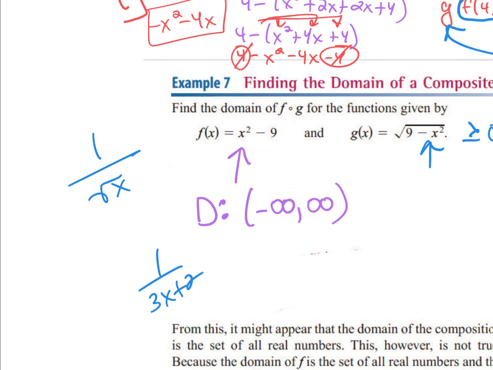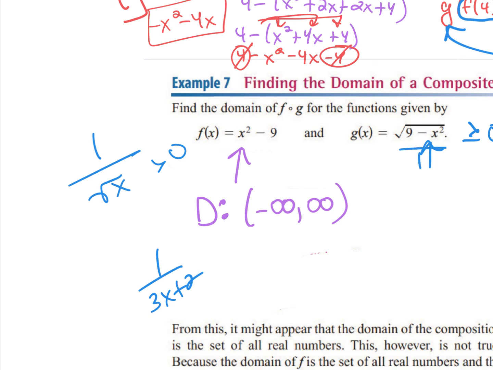Yeah. Could I have the square root of 9? Could I have the square root of 1? Can I have the square root of negative 12? No. Can I have the square root of 0? No. So it can't be greater than or equal to. It has to be just greater than. If you have a denominator that has a radical, it's just greater than. It's not or equal to. Since that is in the numerator, this is over 1. This is just an expression over 1. It's greater than or equal to.